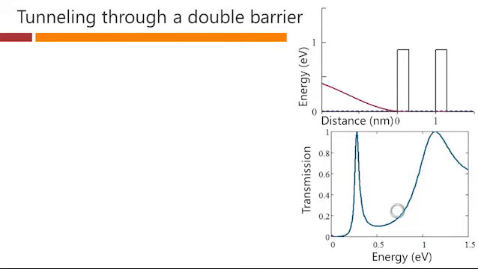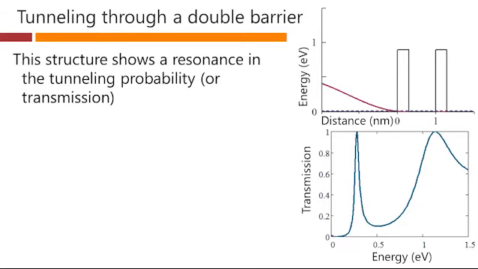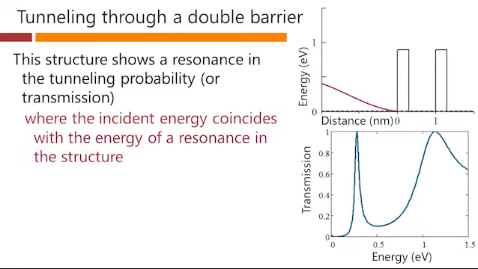We see actually two resonances here, and the transmission hits unity on both of these resonances. As I said, this structure shows a resonance in the tunneling probability, or equivalently the transmission, where the incident energy coincides with the energy of a resonance in this structure.